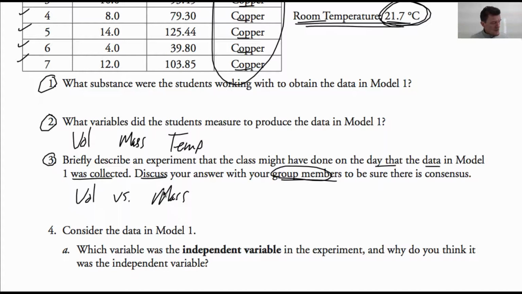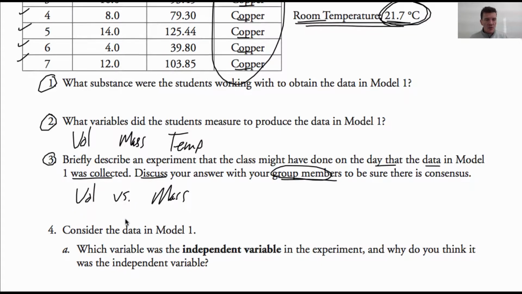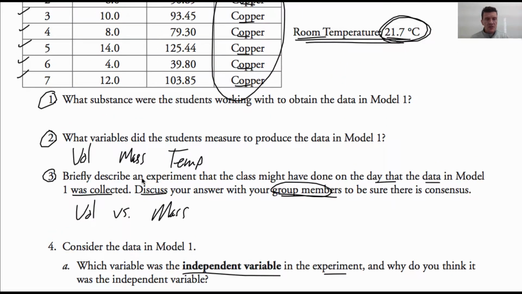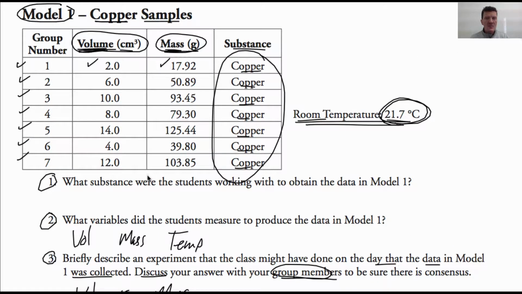Number 4 says, consider the data in Model 1. Again, which variable was the independent variable in the experiment, and why do you think it was the independent variable? So the independent variable, remember, that is the one that you choose to change. You get to change that, and that is up to you. Okay?